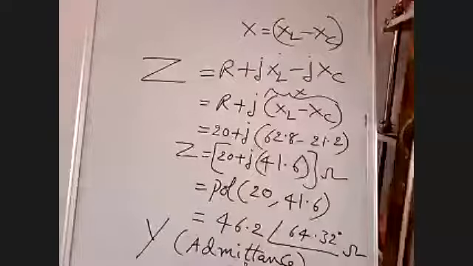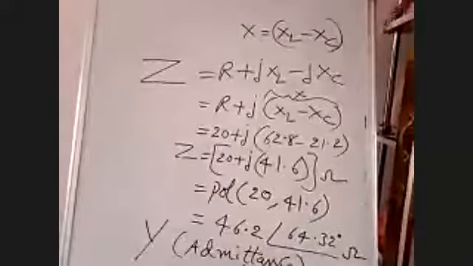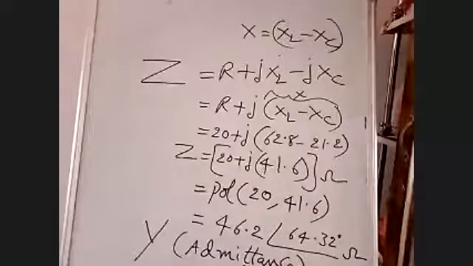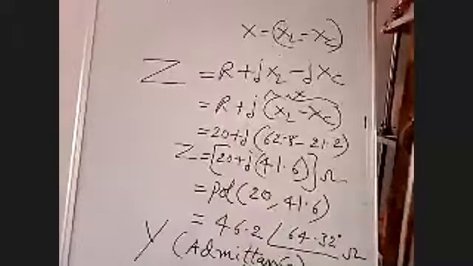Suppose XL is greater than XC, then your imaginary part is positive, X is positive. Suppose XC is greater than XL, then X is negative, your imaginary part is negative.